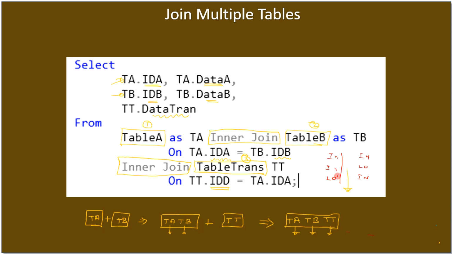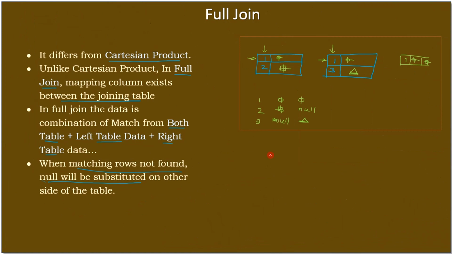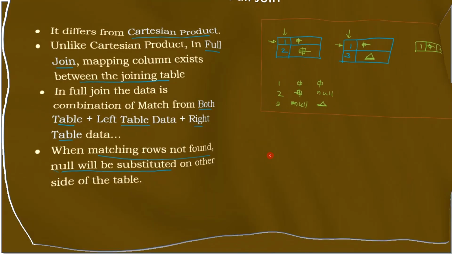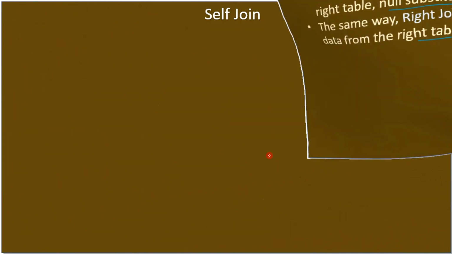So when you exchange like this, the result also differs because of these outer joins. So experiment when you are mixing the inner and outer join. So we talked about joining multiple tables, then we talked about full join, and we talked about left as well as right outer join. In this video we will look at self join.